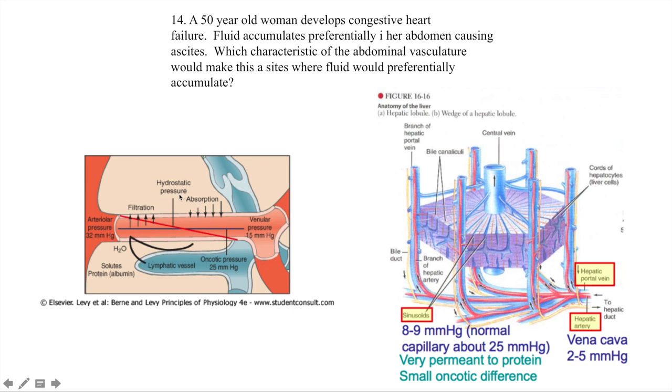So it's very easy to shove more fluid out if you increase this capillary hydrostatic pressure just a little bit. And that tends to cause fluid buildup in the abdomen, whereas you may not typically get it in some other places where the capillary pressure is more normal, where the filtration relative to the reabsorption is more normal.